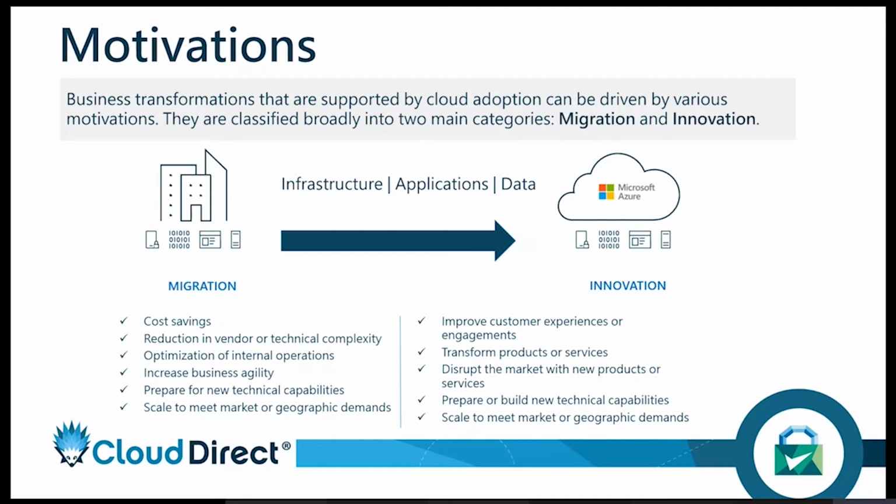What additional things can we do that improves our organization as a whole? The types of things you look at for innovation are improving your customer experiences, transforming your products and services, disrupting the current market that you're in with new products and services, building new technology capabilities, and making sure that you can scale effectively to meet market or geographical demands.